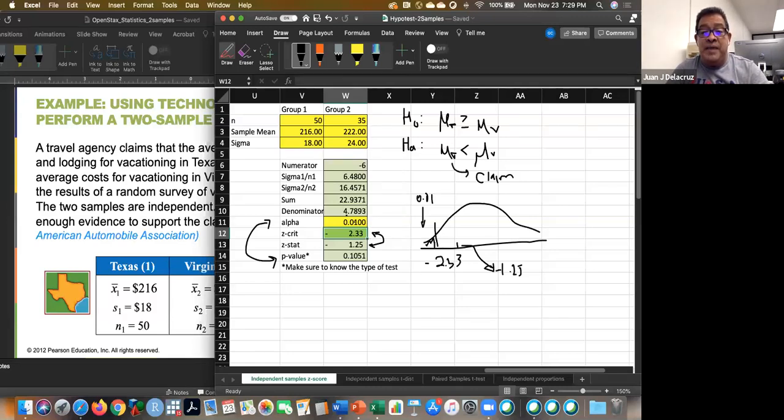Also, I can compare the alpha, which is the 1%, with the p-value, which is 10%. So in this case, the p-value is greater than alpha. Therefore, I fail to reject, right? So very simple, this table gives me the alpha versus the p-value or the critical values, so I can make the right call.